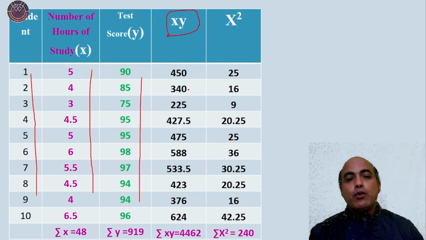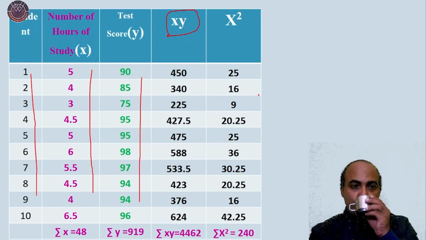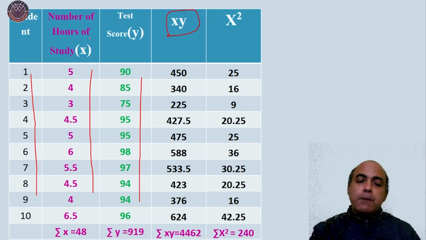So we have one column of xy, and one of x square, the square of number of hours.